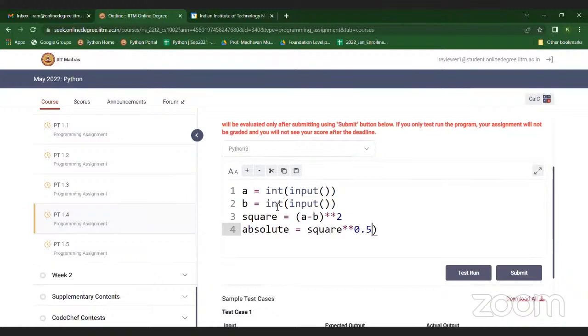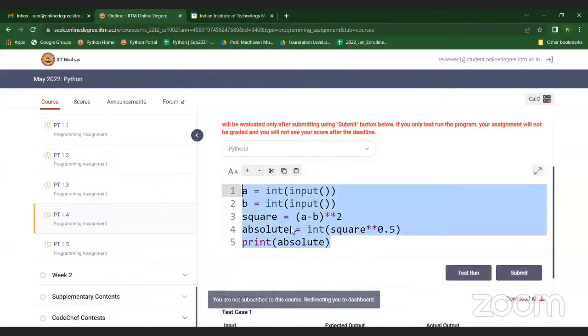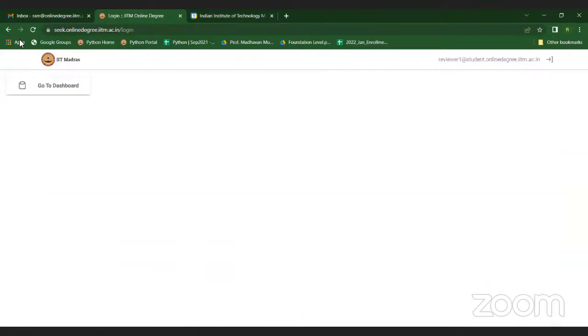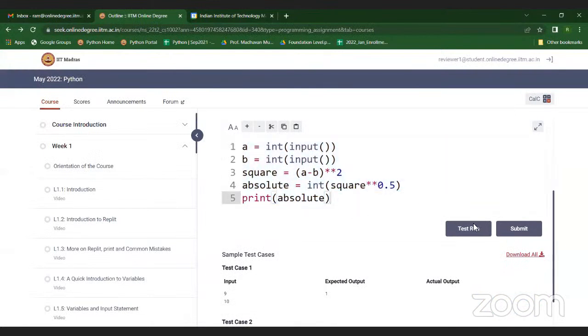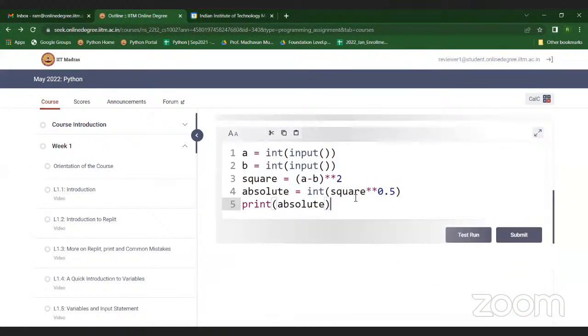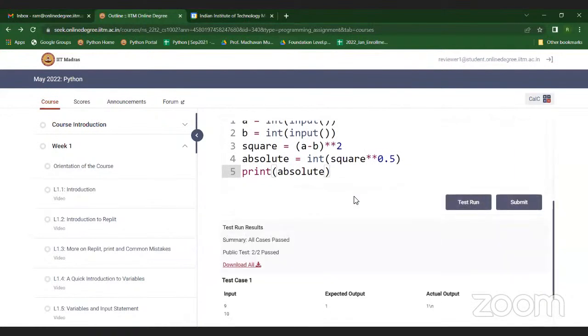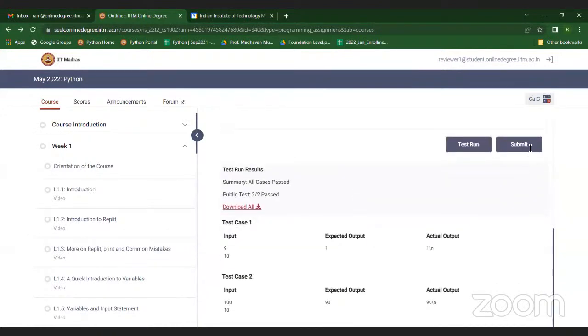Okay, I'll convert this to integer. Yeah, it is able to solve all of the cases.